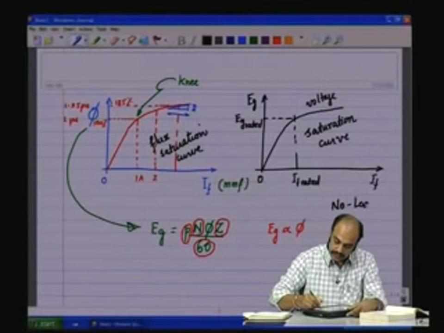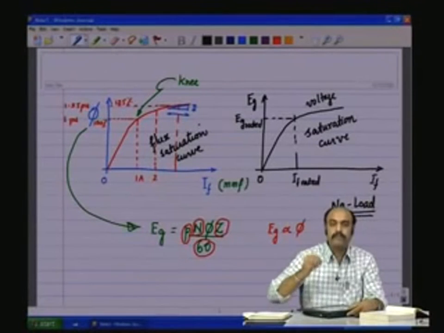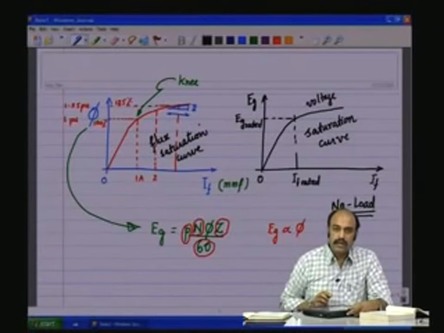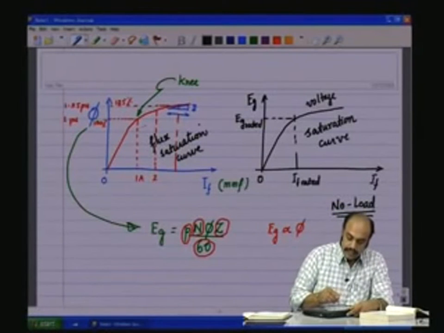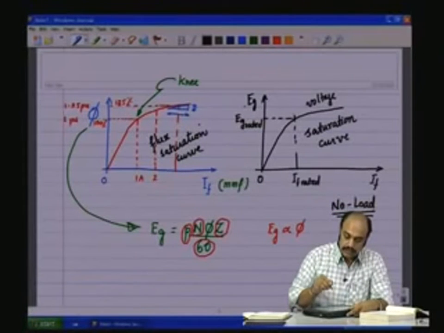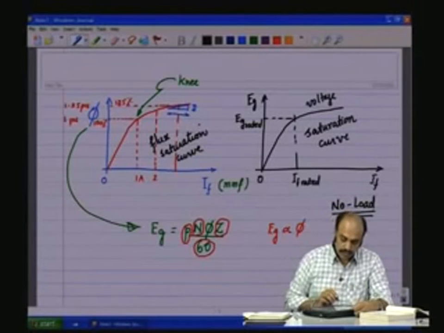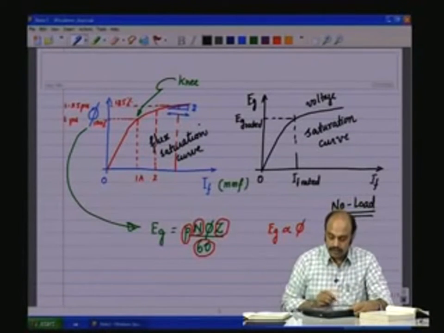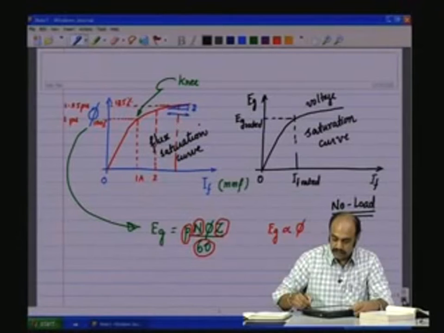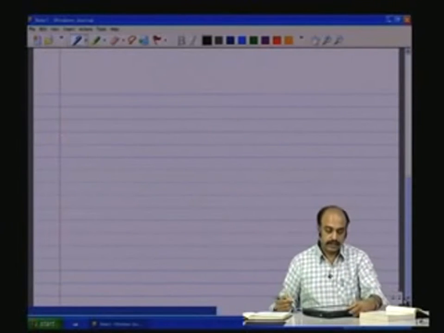So, load has not much role to play in this. This is just obtained by the amount of field current that flows through the field coils to obtain the flux phi, the main primary flux phi.